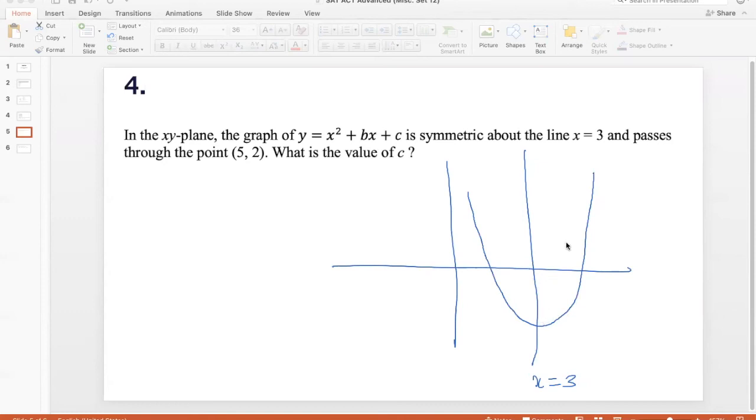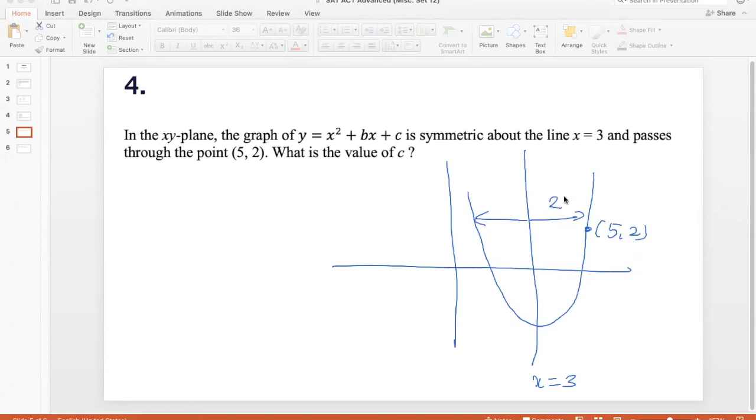Now you need to understand that because it is symmetrical about this line, if the graph passes through the point (5, 2), so let's say this point is (5, 2). So this is 2 units to the right of the line x equal to 3. So if I go 2 units to the left of the line, then I'll get the same y coordinate, right?